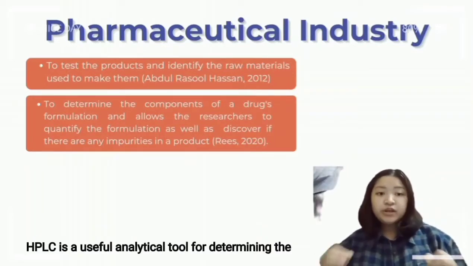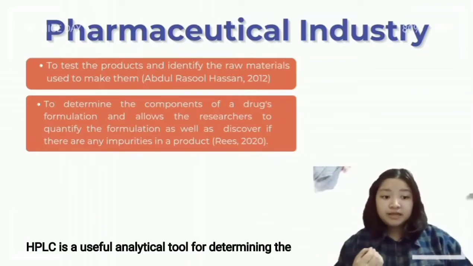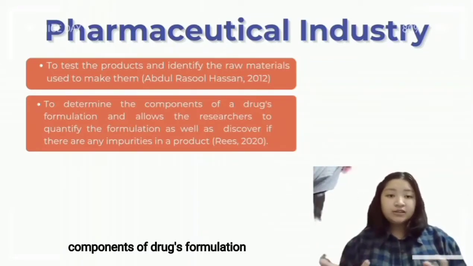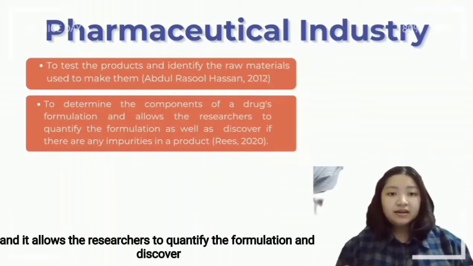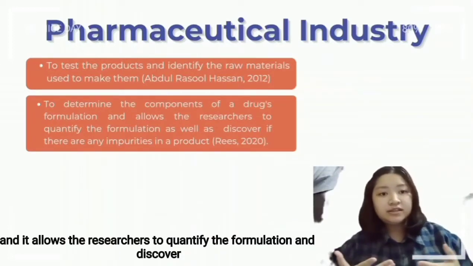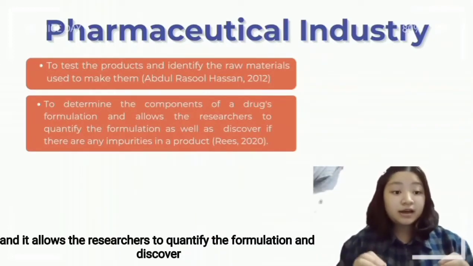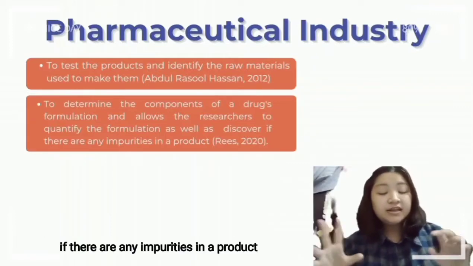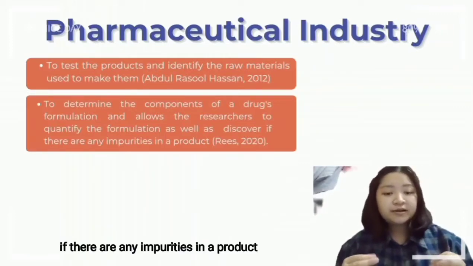HPLC is a useful analytical tool for determining the components of a drug's formulation, and it allows researchers to quantify the formulation and discover if there are any impurities in the product.